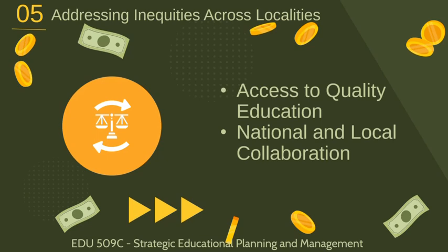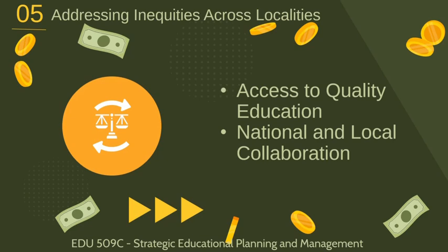So, in conclusion, local aspects such as economic conditions, community involvement, and labor market needs are crucial to the success of educational planning. By understanding the local context and involving the community in the planning process, we can create more equitable and effective educational programs that meet the needs of every student.